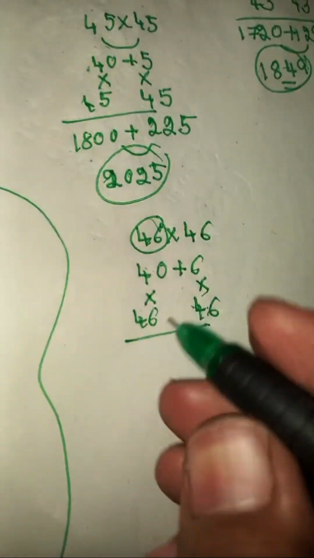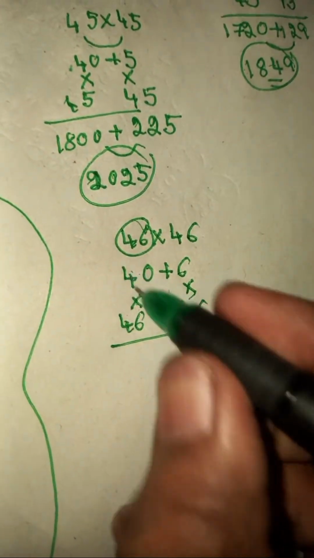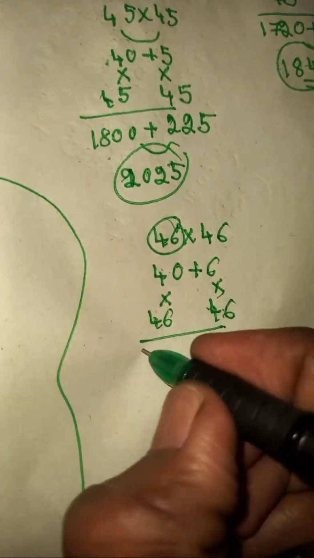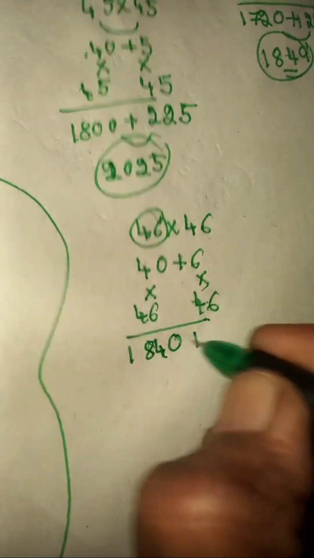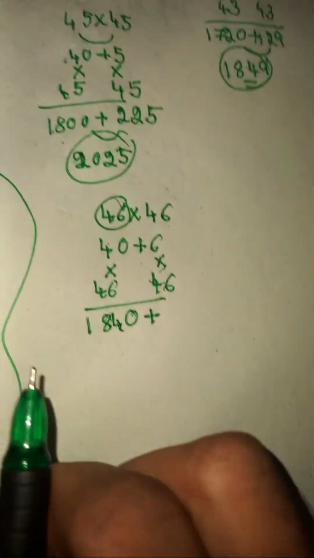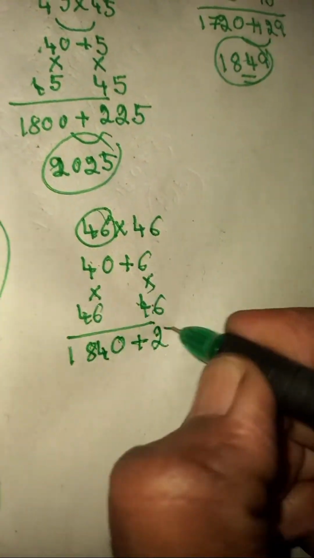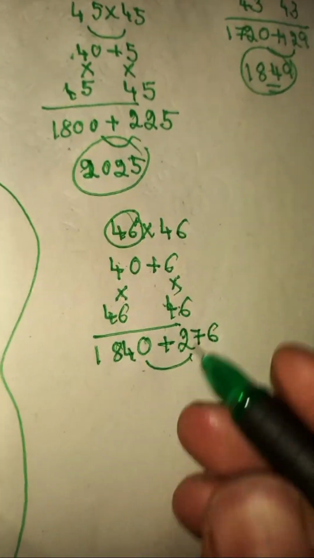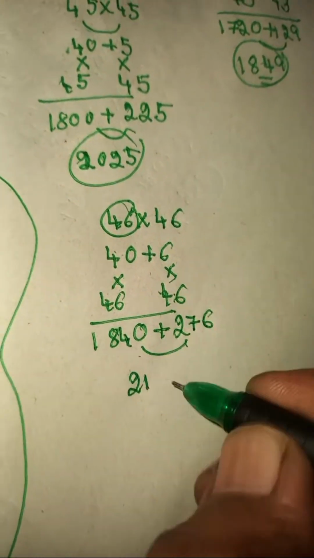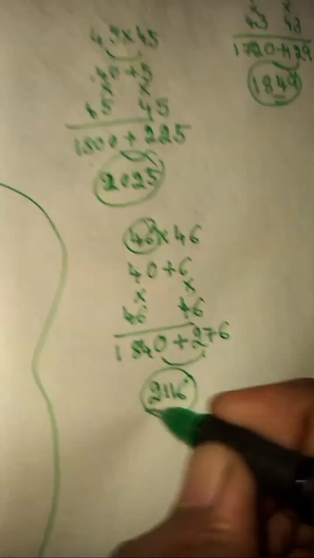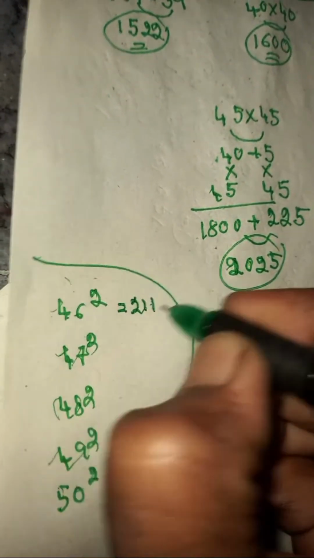Now 4 times 4 is 16, so 160, plus 6 times 4, 24, 184. Then 40 times 6 is 240, 6 times 6, 36, 276. Now when you add, you're going to get 2116. That is 46 square, 2116.